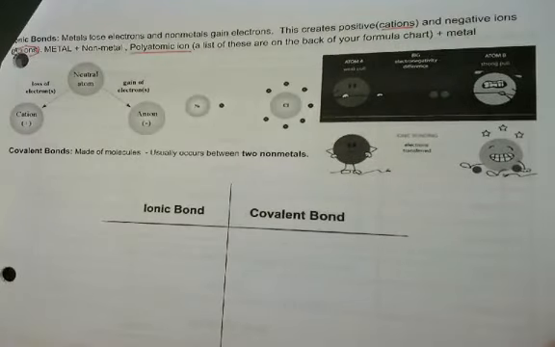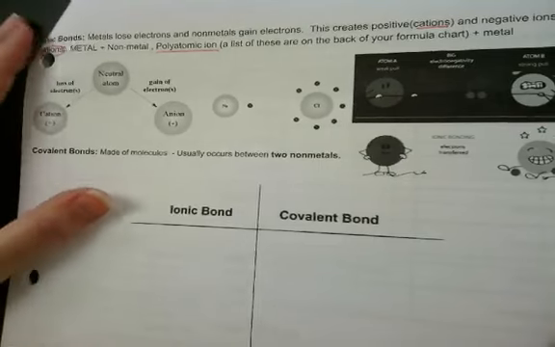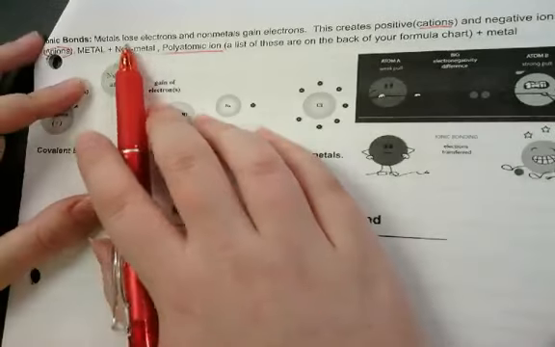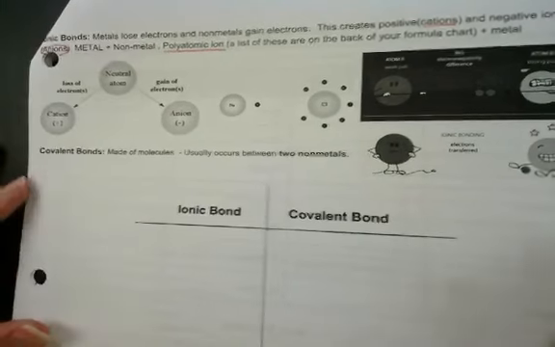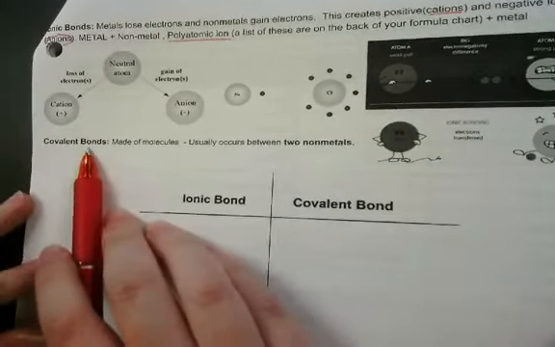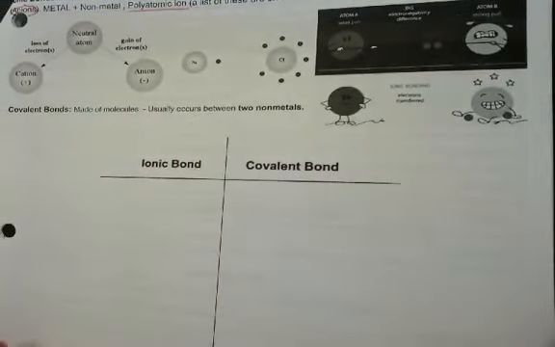Now, there is a little trick that I like to use to talk about the difference, although actually, you know what, we're going to do that on the next page in a second. So ionic bonds, you have an ionic bond if you've got a metal and or a polyion. Okay, covalent bonds are when you only have nonmetals. You have two nonmetals. That's your covalent.